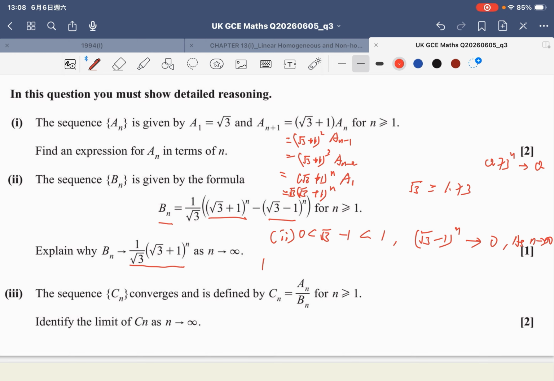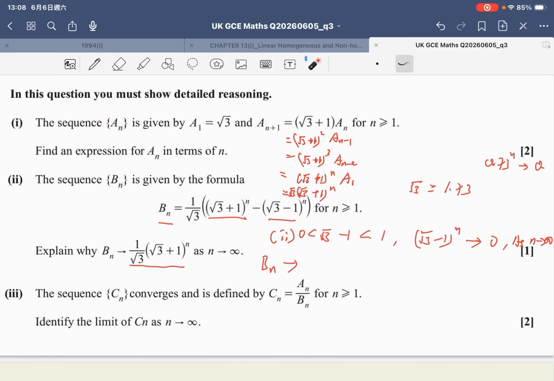In this case, b_n should tend to only the first part, because root 3 plus 1 is greater than 1, and to the power n this part tends to infinity.